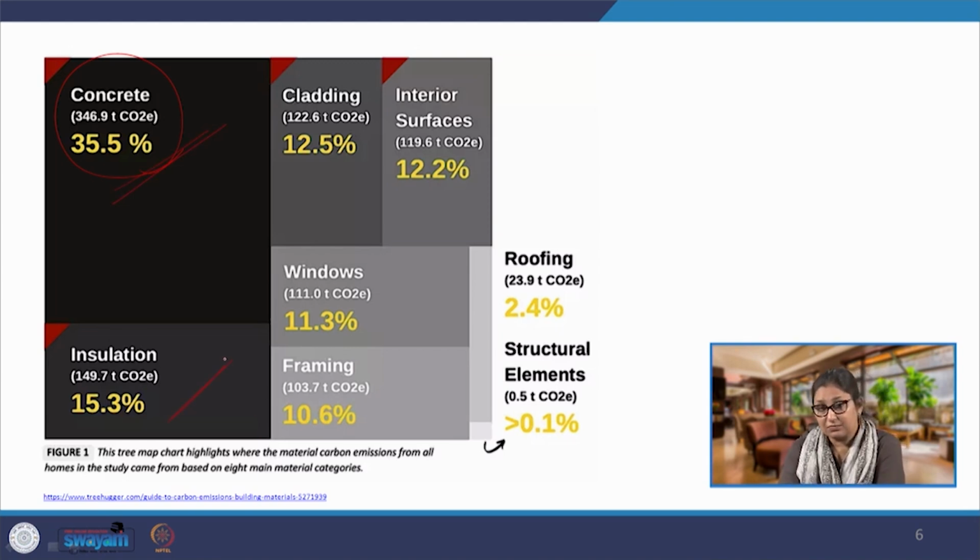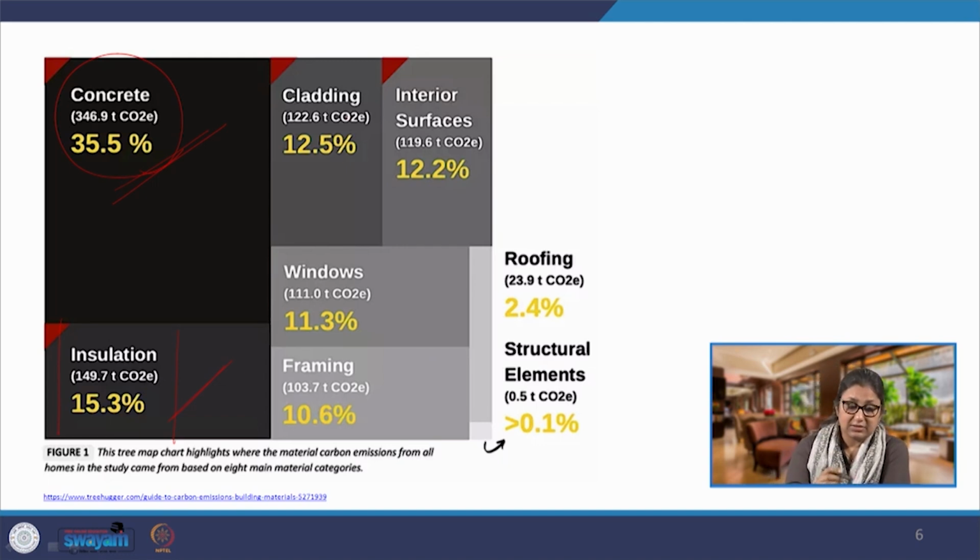As I said, we are talking about colder countries, predominantly USA and other developed countries which are predominantly cold. So, we are looking at the provision of insulation, because we are using concrete for walling, and then we are adding insulation on top of that. So, insulation is adding a significant amount of emissions to the building.